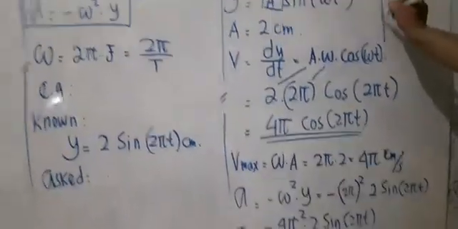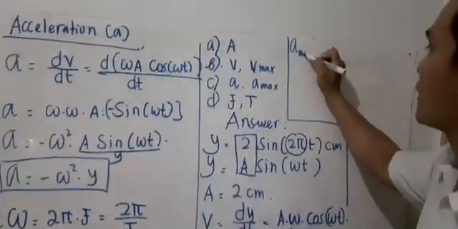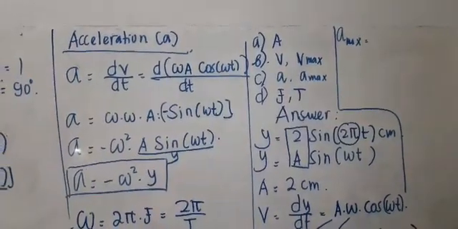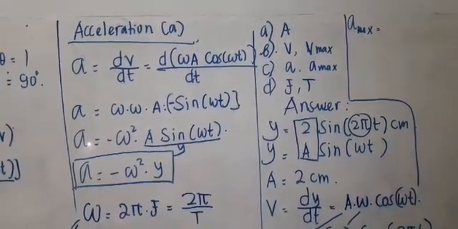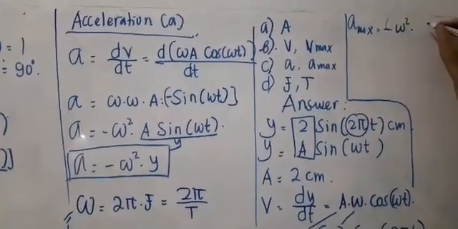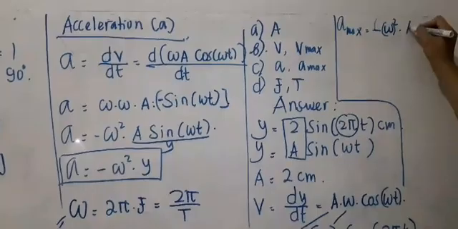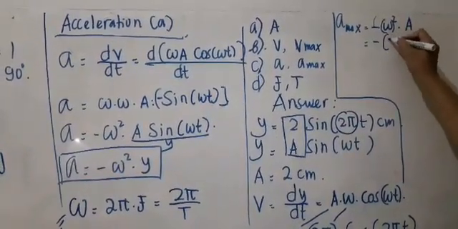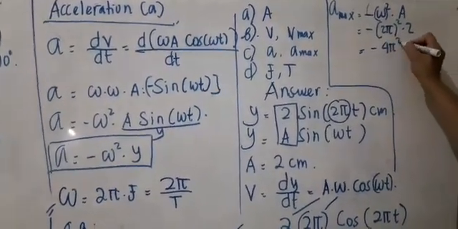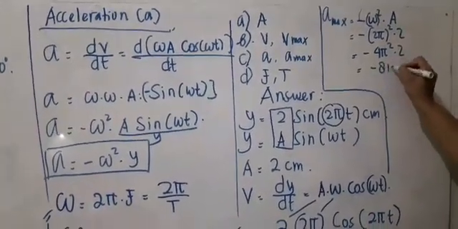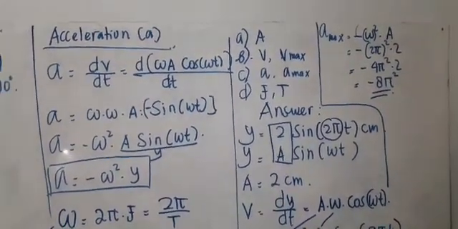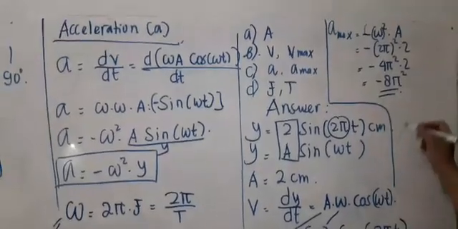And we continue here. The a max is equal to our equation, minus omega squared times A, which is equal to minus (2 pi) squared times 2, which is minus 4 pi squared times 2, minus 8 pi squared.